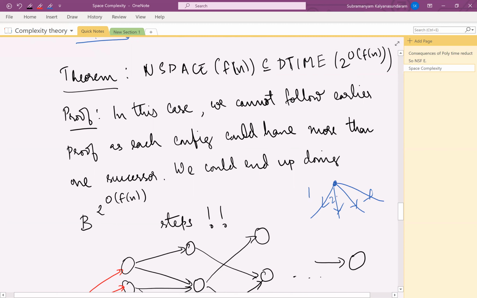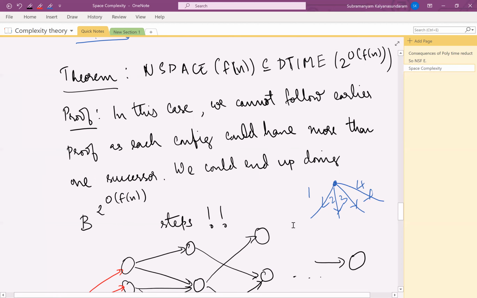The machine could index them as 1, 2, 3, 4 if there are 4 successor configurations. It could have some implicit lexicographic ordering, and it could first explore this path, and so on. So this keeping track can be done by a depth first search.